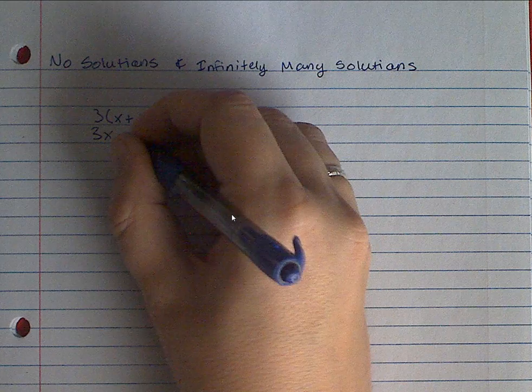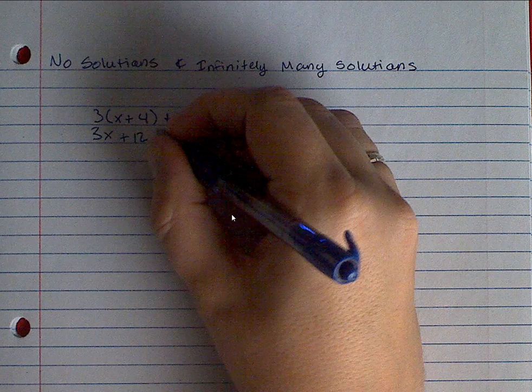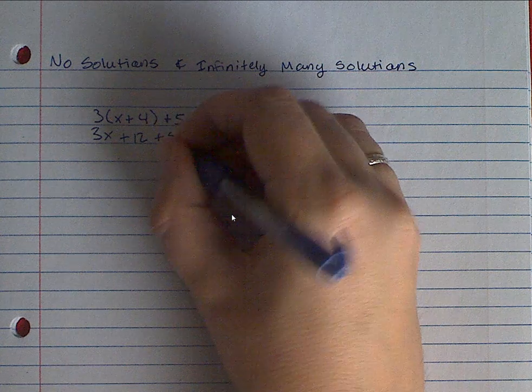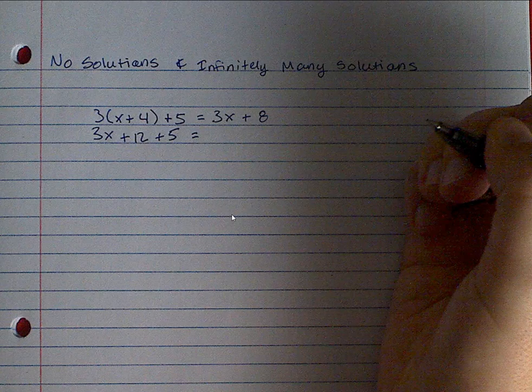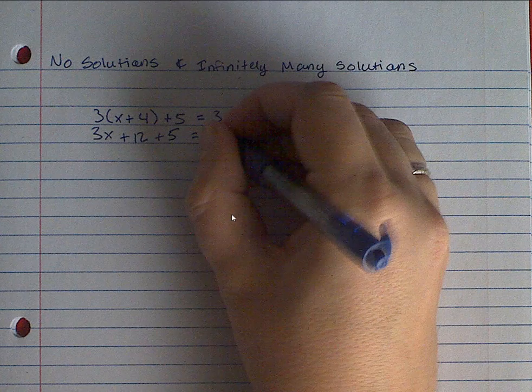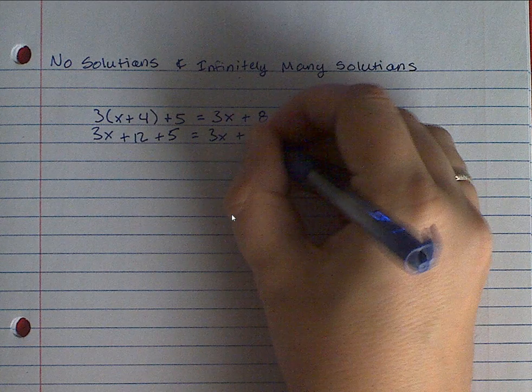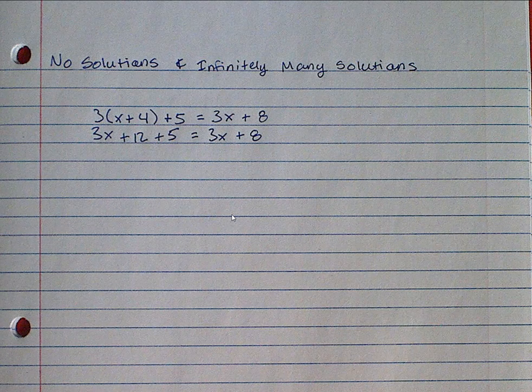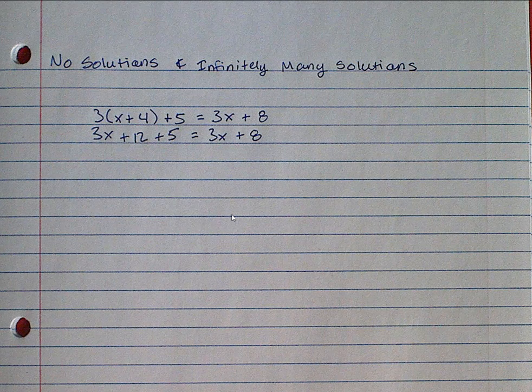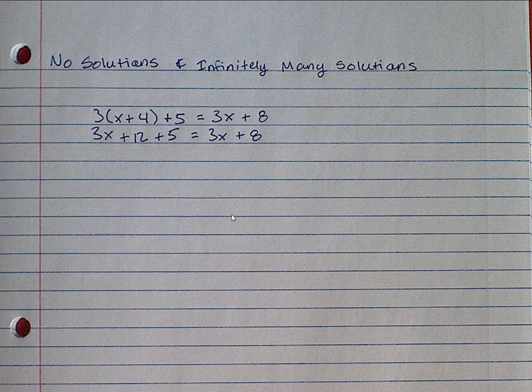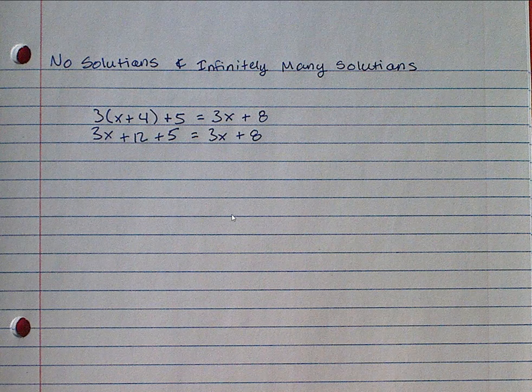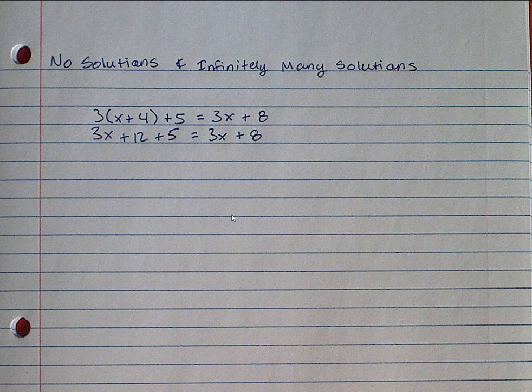Plus 12. Perfect. And then I just drop everything else down. So plus 5 equal to, and then I've got 3x plus 8. So distribute was the first step I gave you guys when we started covering these multi-step equations.